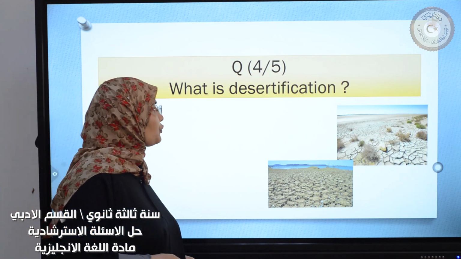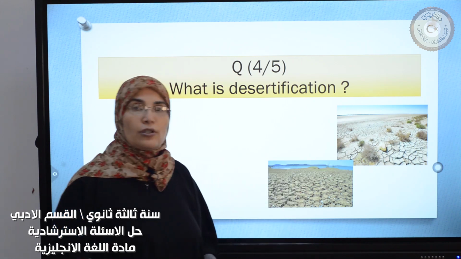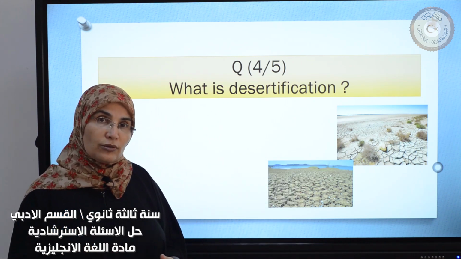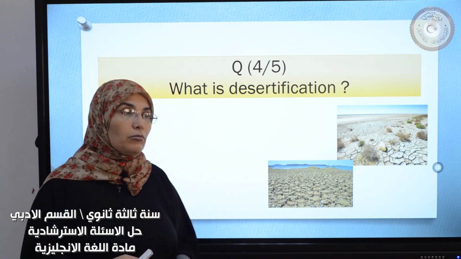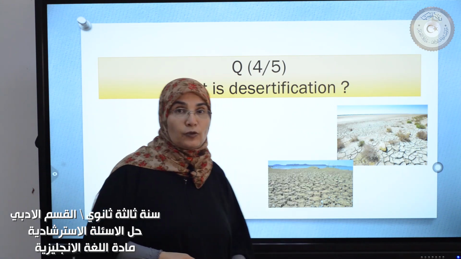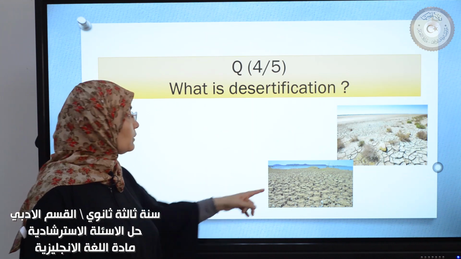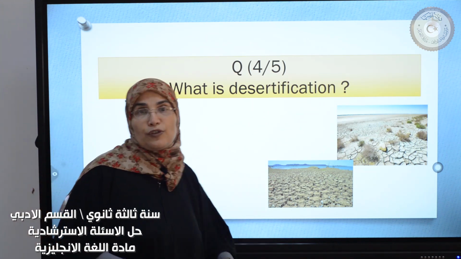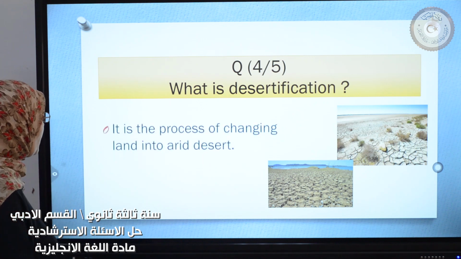What is desertification? If you look at the pictures, you see drought. So heat and loss of water create some kind of drought. This large amount of drought is called desertification. Let's see the answer you have here.